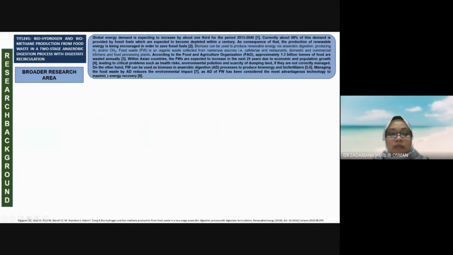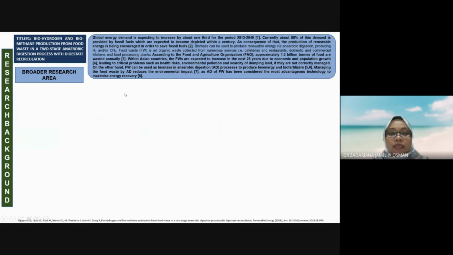So let's look at how to prepare a research background. For example, research title number 1: biohydrogen and biomethane production from food waste in a two-stage anaerobic digestion process with digestate recirculation. First, you need a paragraph that explains the broader research area.